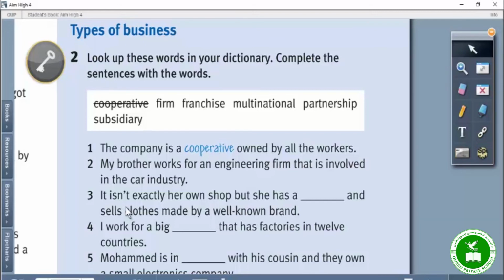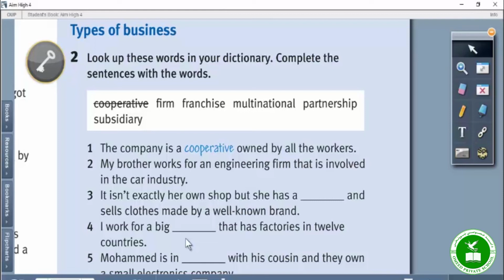She has a multinational? Partnership? Yes, she has a franchise and sells goods made by a well-known brand. Okay, franchise business. Let's do number 4, another example. I work for a big what? Firm? No. Multinational?